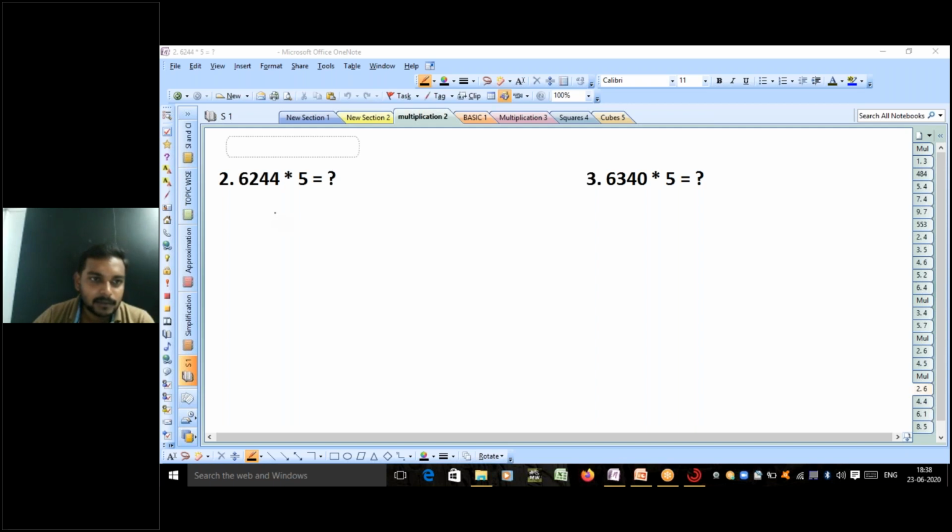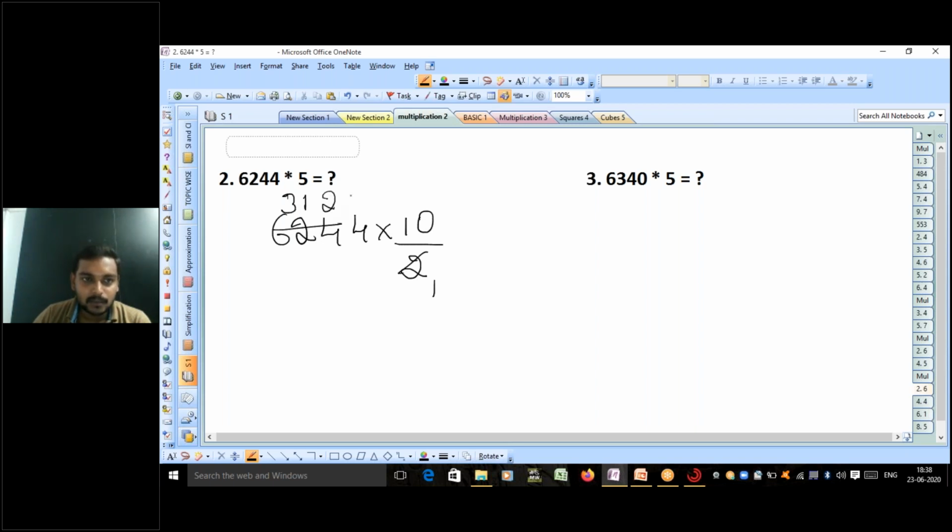Here we have a number multiply with 5. So 6244 multiply with 5 is nothing but 10 by 2. Just take it as 10 by 2. 2 ones are 2, 2 threes are 6, 2 ones are 2, 2 times 2. So the answer is 3122 multiply with 10, which is 31,220.